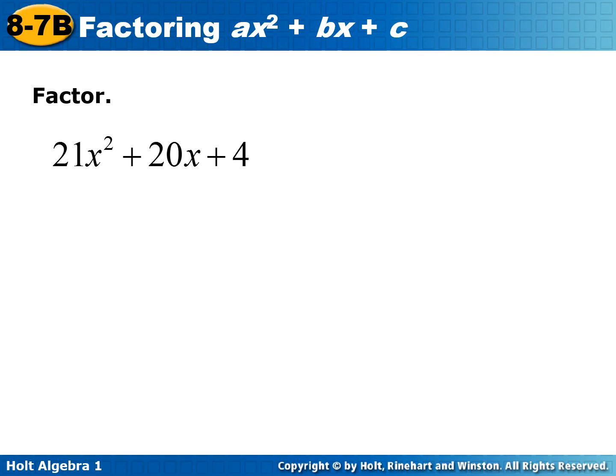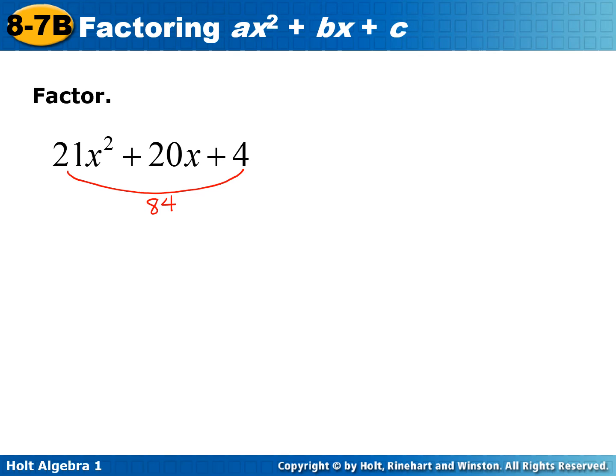Let's try one. 21x squared plus 20x plus 4. It's in standard form, and I cannot factor anything out. So first step is to multiply 21 and 4. Well, 21 times 4 is 84.